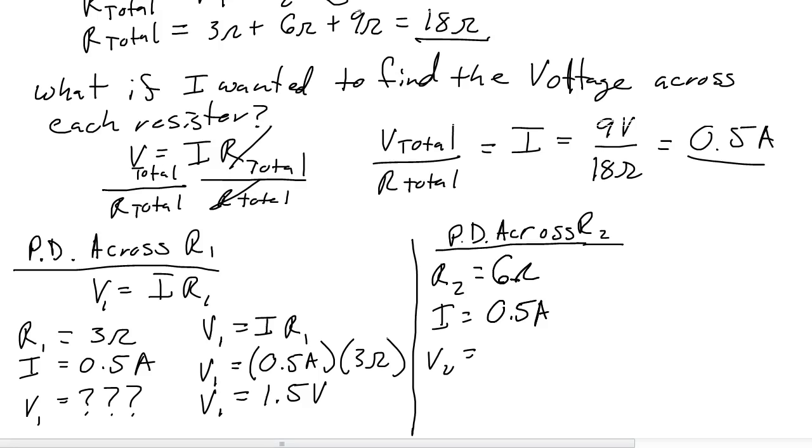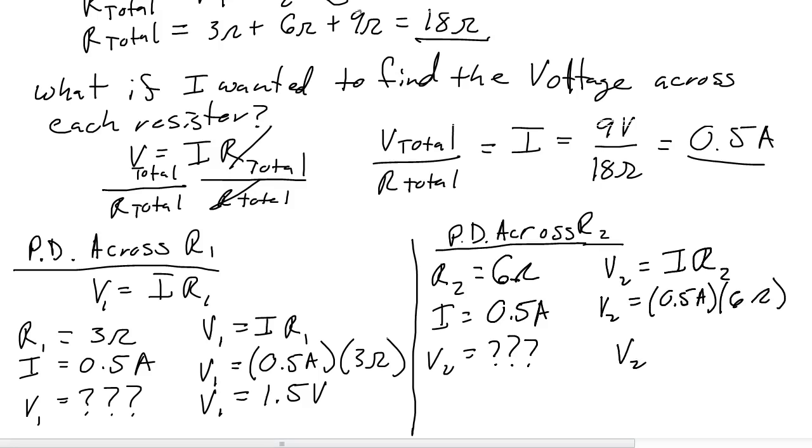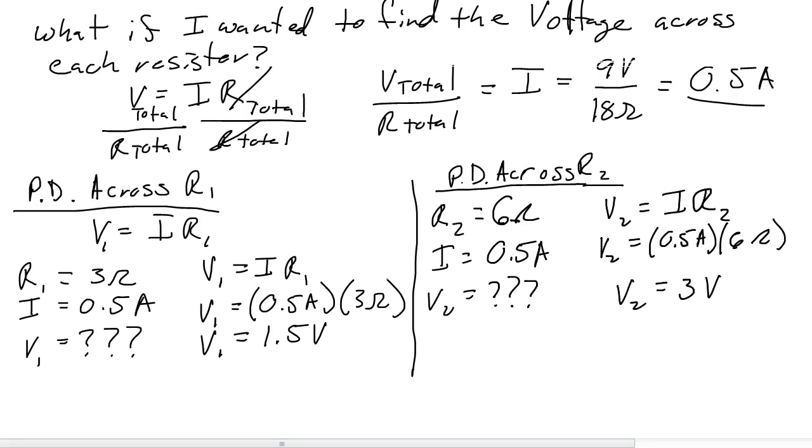And my potential difference is what we're trying to find. So I'll write out my Ohm's law. V2 equals I times R2. V2 is equal to 0.5 amperes times 6 ohms. I find that V2 is equal to 3 volts.